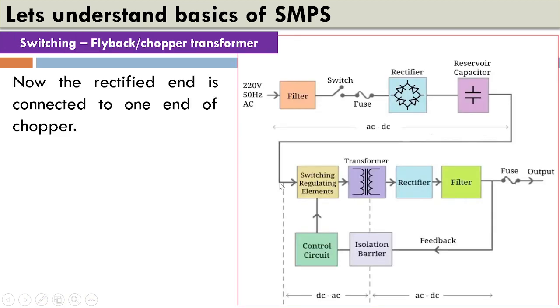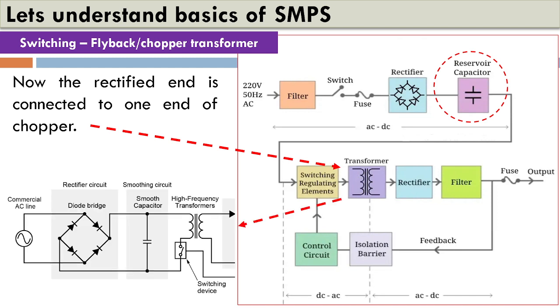Now let's move on to the next part, where we will see that one end of the rectifier gets directly connected to the high frequency transformer, or the chopper transformer of this SMPS. Now it looks similar to this.